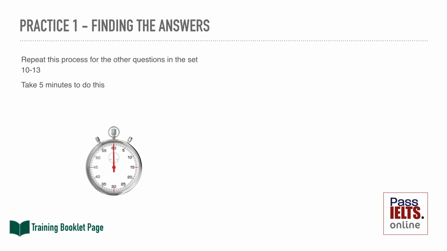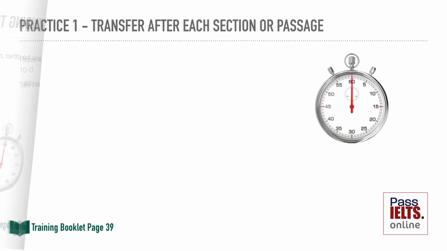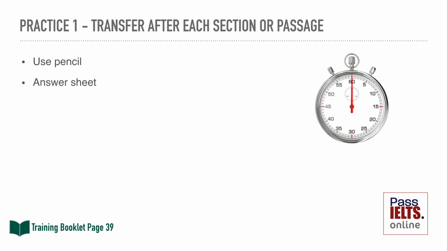Your time is up now. For this practice, you're going to transfer your answers to the space in your training booklet. In the real test, you would transfer your answers after the whole passage. You need to use a pencil, and you would normally transfer to your answer sheet.